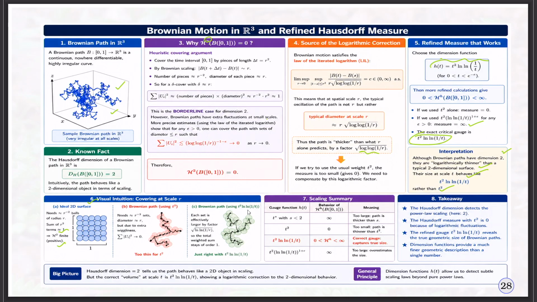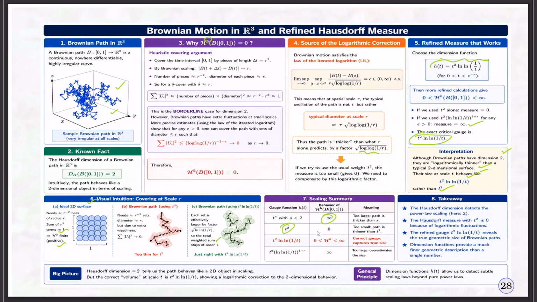If you are using t^2 ln(1/t), each set is effectively larger by the factor square root of ln(1/r). So the total weighted sum stays of order 1. That is right with t^2 ln(1/t). So the gauge function, that means the dimension function h(t) is t^s with s less than 2, and the behavior of H^h is infinity.